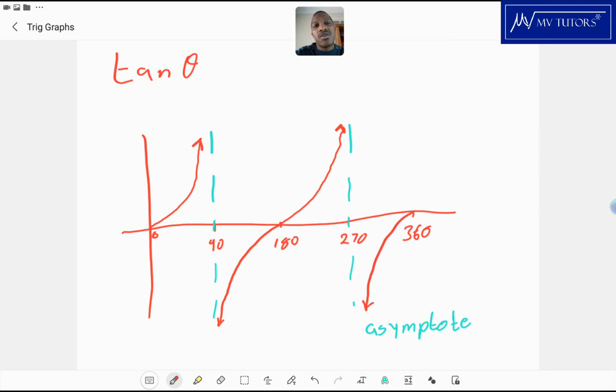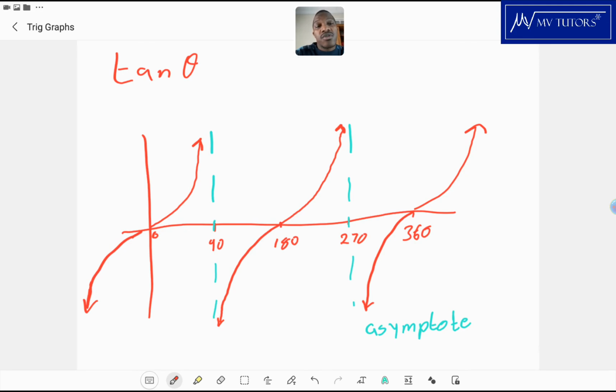So from 0 to 360, it looks like this. But if you wanted to make it its true form, then you have to go to these ends here to make it full like this. So its period is 180. That's it. That's all you have to know.